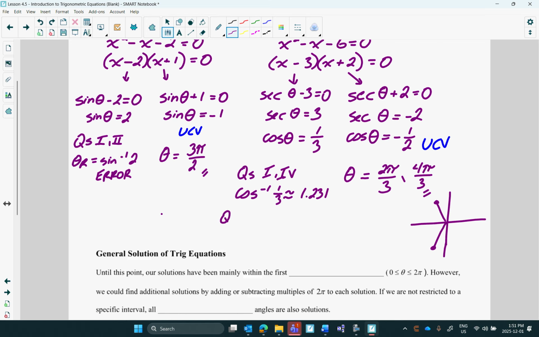So in quadrant 1, the actual angle is the same as the reference angle. It's easy. But in quadrant 4, 2π minus the reference angle will give me my answer in quadrant 4, which is 5.052.